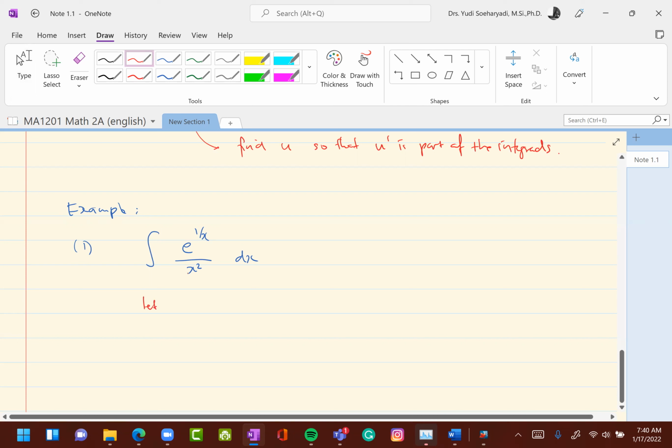Okay, so let's do the wrong thing first. What's wrong with this one? If we choose this one, then you see that this is 2x dx. So you have 2x with just x, right? So this gives you e to the 1 over u.